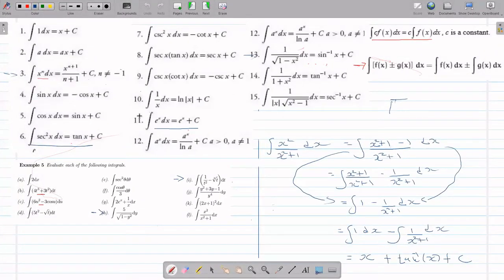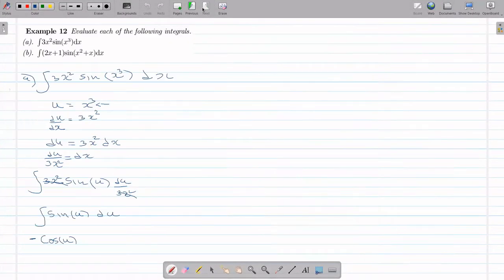So the integration here gives minus cos u plus c. If we are doing it correctly, I should get everything in u by cancelling this out. Now I back substitute because u is something I introduced. In the place of u, I write x cube, plus c. Okay, so this is my answer.